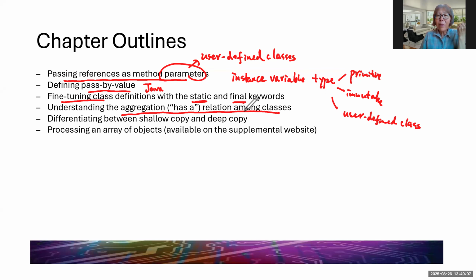In our previous discussion, we also discussed a couple of times the difference between shallow copy and deep copy. Most of the discussion was about arrays, because an array itself is also a reference. There are similarities regarding the reference and the heap memory; the array is similar to user-defined classes. So we discussed the difference between shallow copy and deep copy. And because we also learned arrays and user-defined classes, how do we process an array of objects?